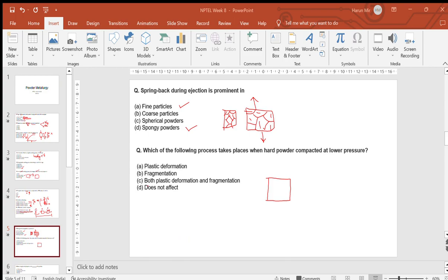So now we have another question, which says that the green strength mainly depends on the dash of the particles: the morphology, the specific surface area, particle size, or shape. So you have to answer what is the parameter that is affecting your green strength.